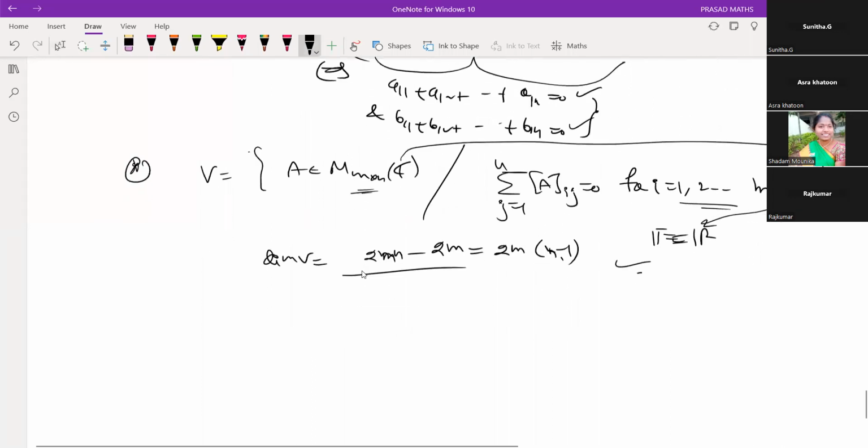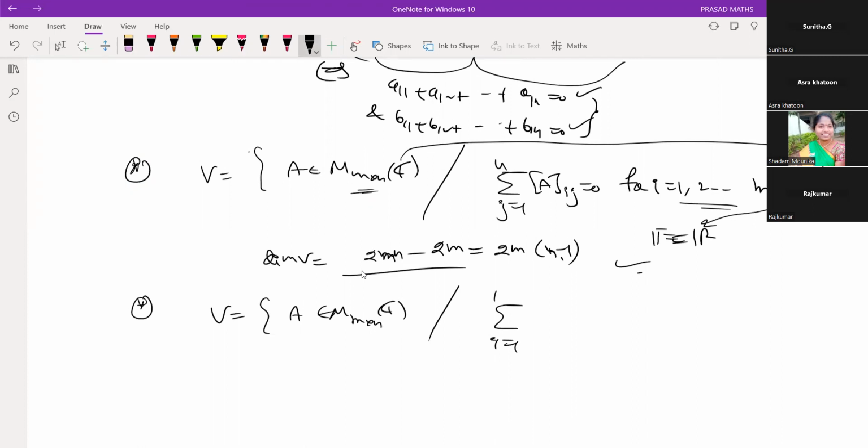Okay. Next, the problem. Take the set of all n by n matrices over a complex field such that the row sum is 0 and the column sum is 0. The first column sum is 0. That means the first column sum equals 0.